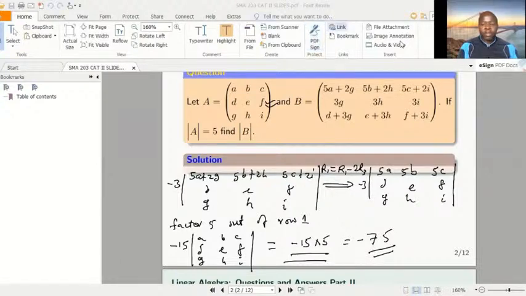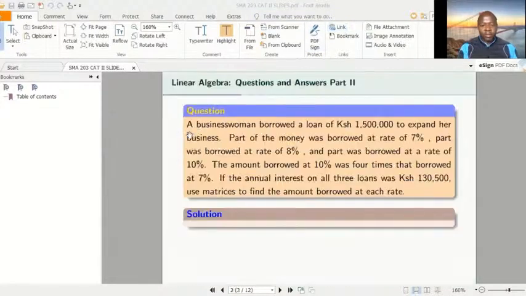Now let's look at another question. It says a businesswoman borrowed a loan of 1,500,000 Kenyan shillings to expand her business. Part of the money was borrowed at a rate of 7%, part was borrowed at 8%, and part was borrowed at 10%.